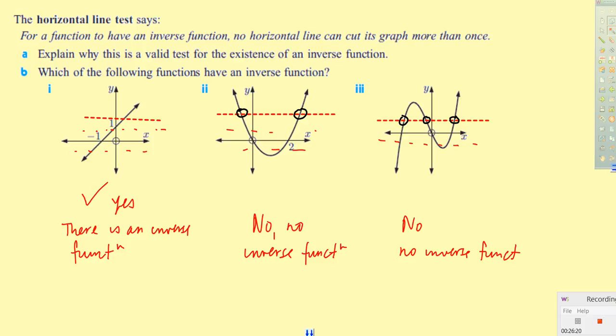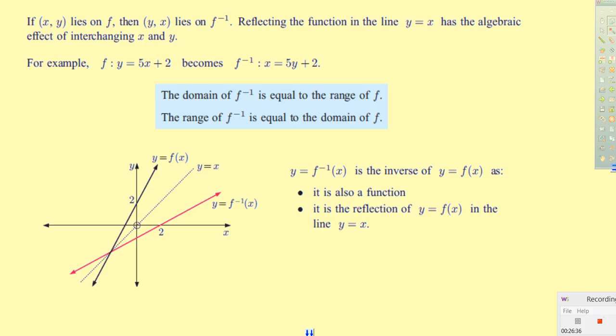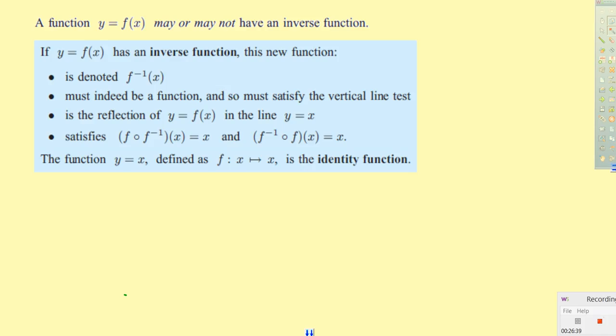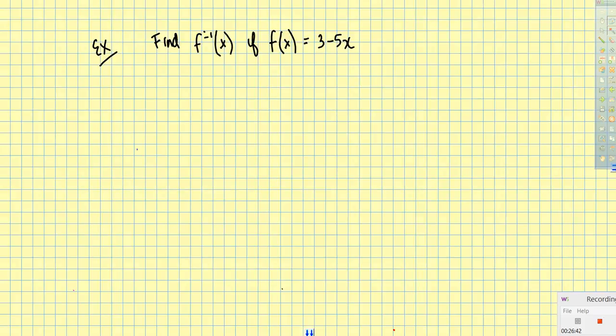Alright, now, if we talk about inverse functions, I've shown you how to graph it, and I've shown you how to find inverse functions. So if I give you, for example, find f inverse of x, and f of x equals 3 minus 5x, then we said the procedure is we rewrite as y equals 3 minus 5x.